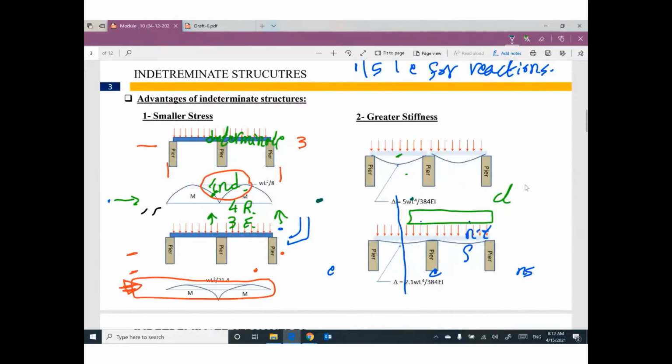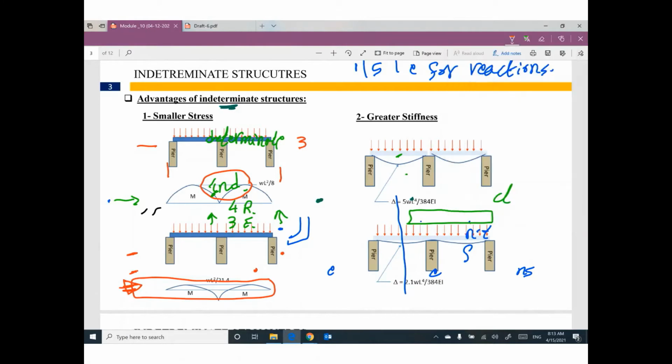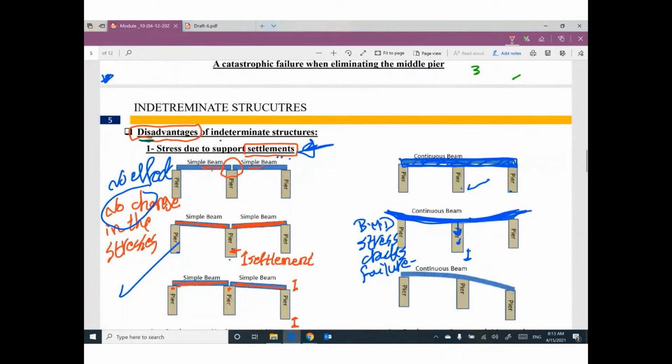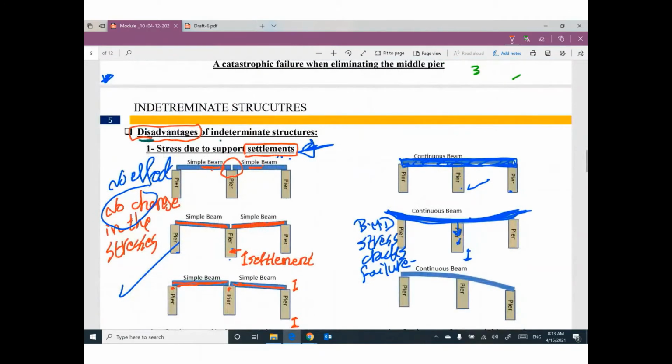And I explained the advantages and the disadvantages of indeterminate structure. Do you like to make your structure determinate? Do you like to make your structure indeterminate? Based on the situation. If you have a structure and we have a big concern about temperature, or we have an issue with the soil, so we need to avoid the effect of settlement.